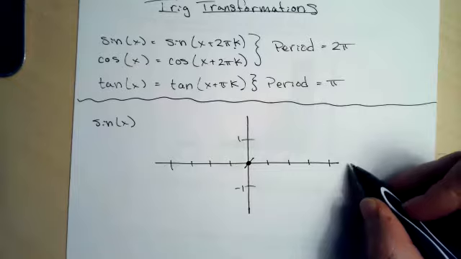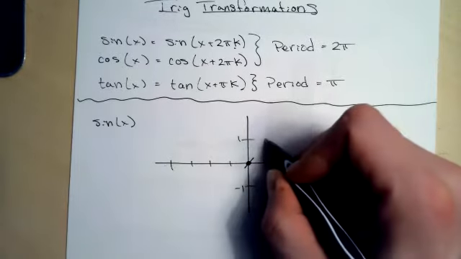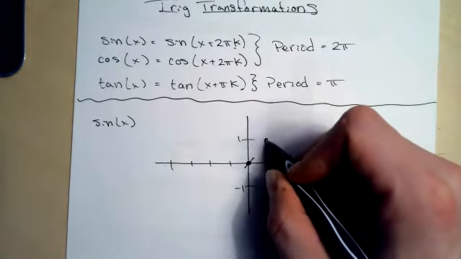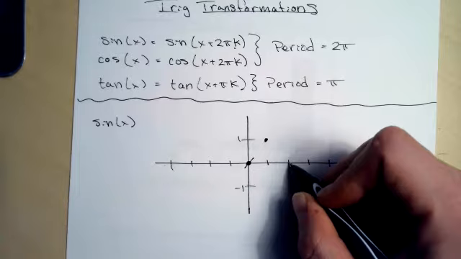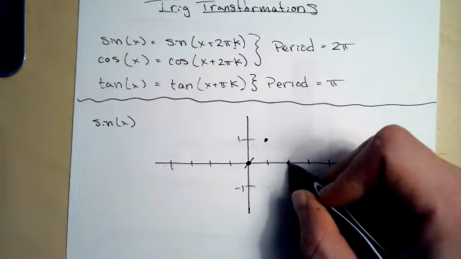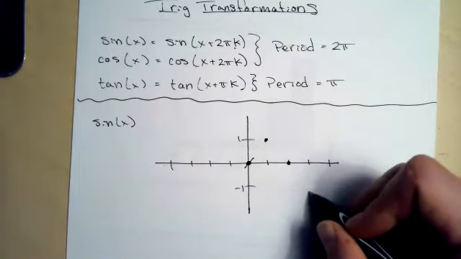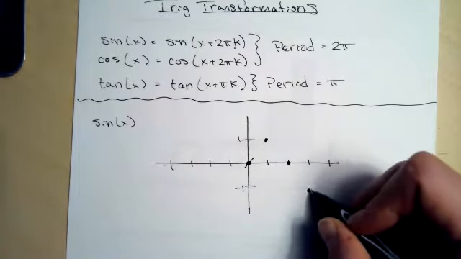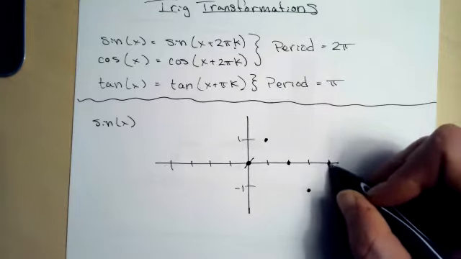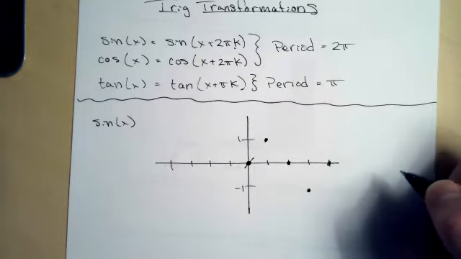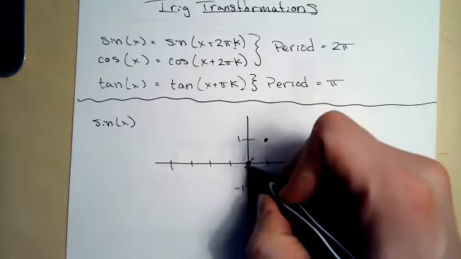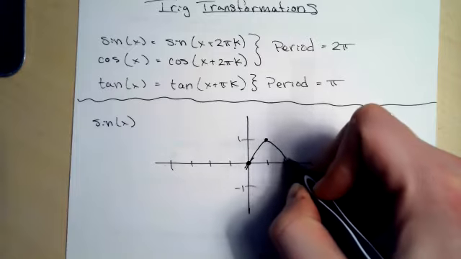So sine starts at the midline, goes up to a peak, over 1 tick mark, back to the midline, over 1 tick mark, now down to a valley, over 1 tick mark, back to the midline. And once you have those points, you just connect them.